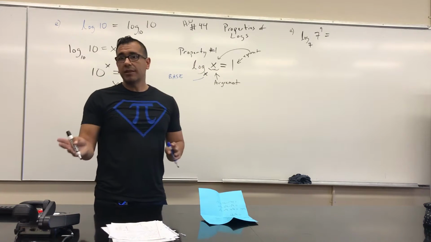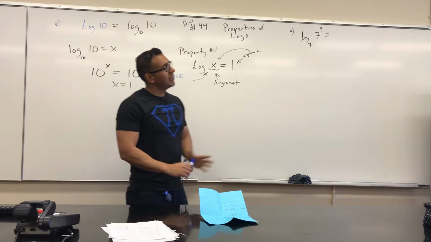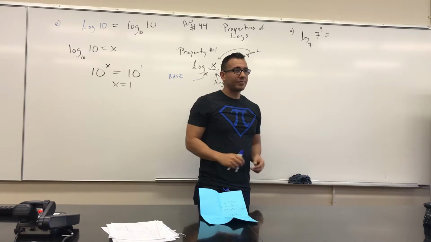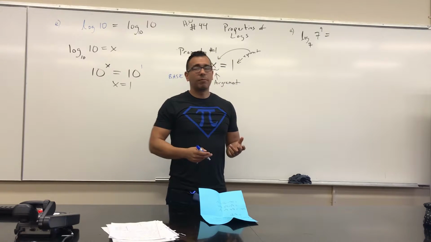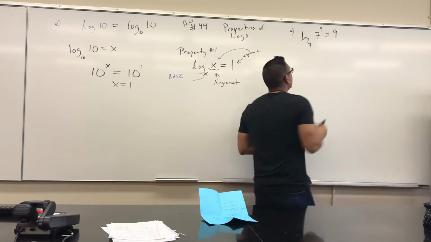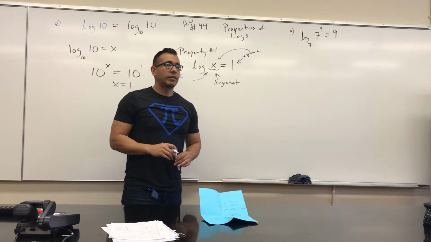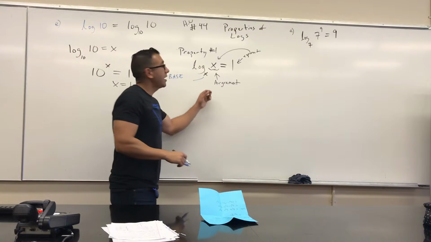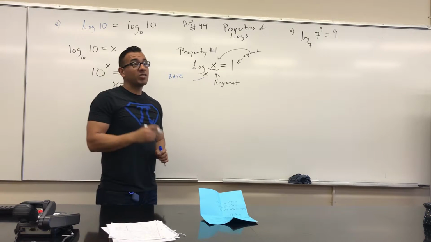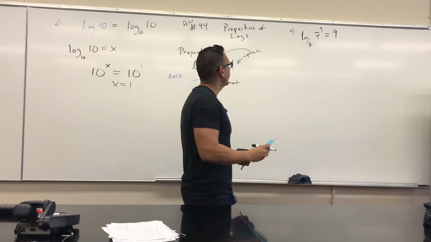Exponential form. That'll take me to the promised land. But I have this cool property now, so what's going to happen with those 7's? They cancel, and I'm left with what? 9. Just a 9. So that's a nice, useful property. Excellent. So that's our first property right there, and we saw that happening before. Cool, so good eyes.